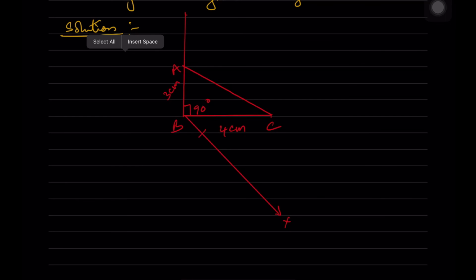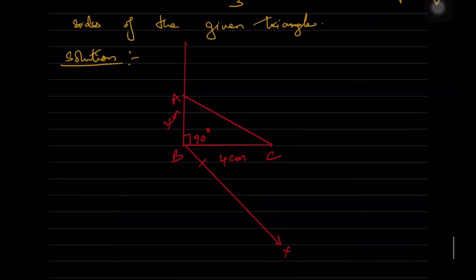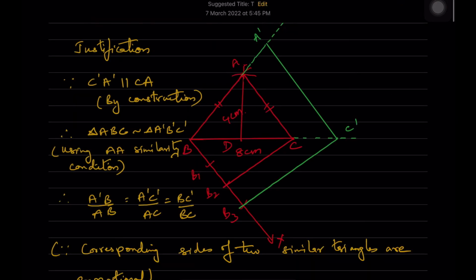What is in the denominator? We join it to C here, the original one. So therefore here this is B1, B2, B3, B4, B5. What is in the denominator? 3. So B3 to C we join.